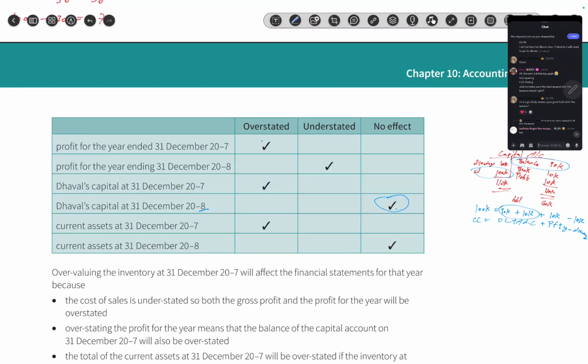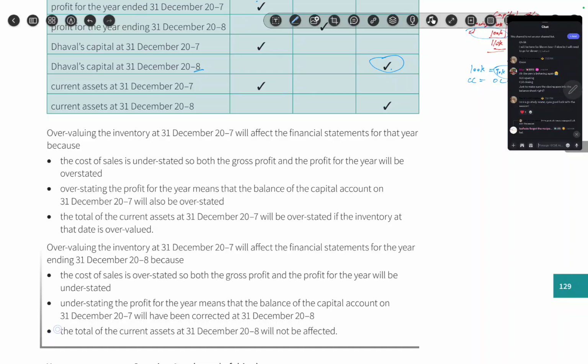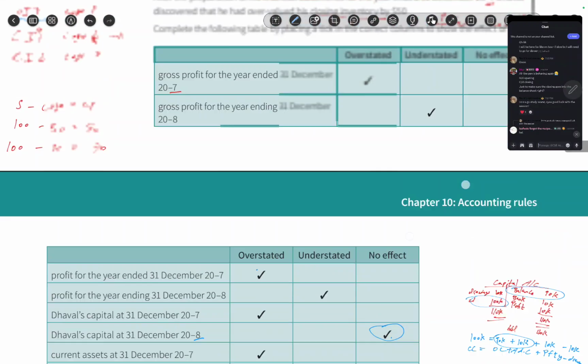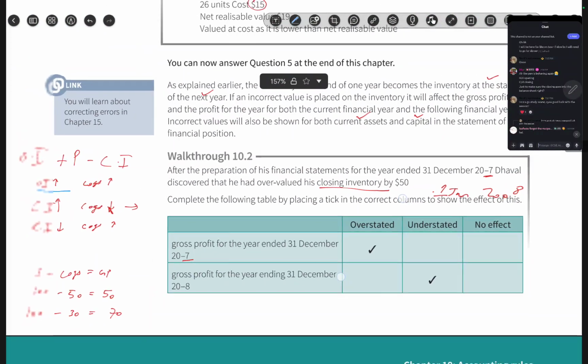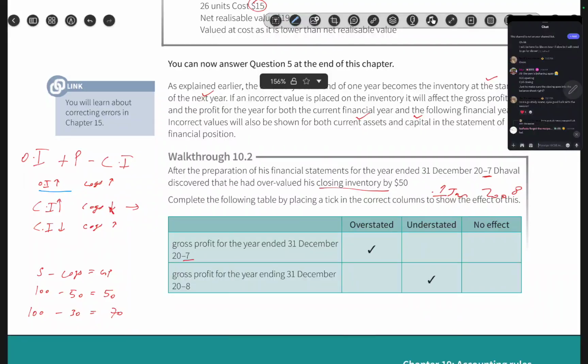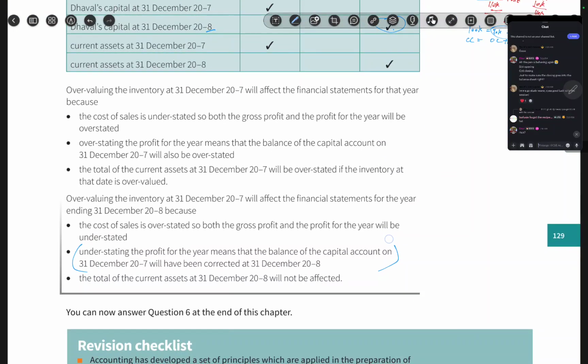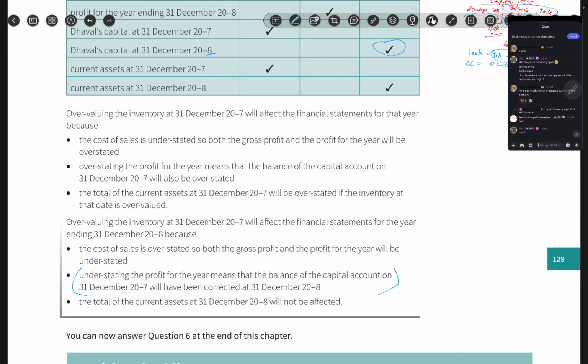Capital at 31st December 2008. This doesn't make sense, no? I thought they asked us in the question to complete the following table to show the effect, right? They didn't mention anywhere that they're correcting the error. But here they're saying that the balance will have been corrected at 31st December 2008.